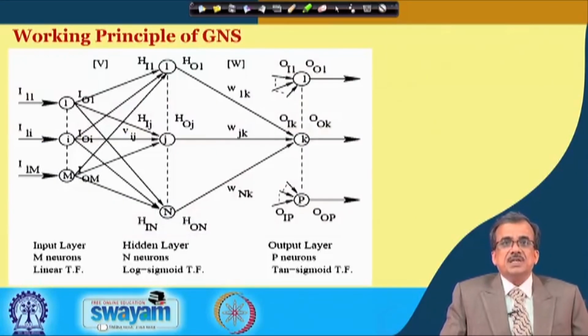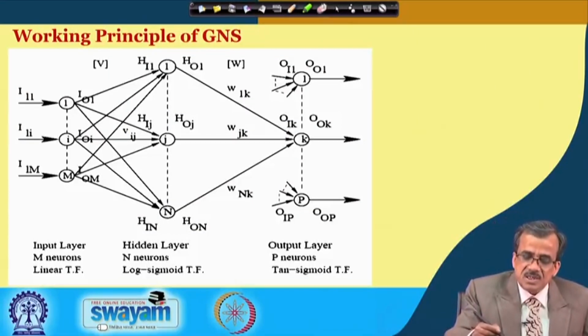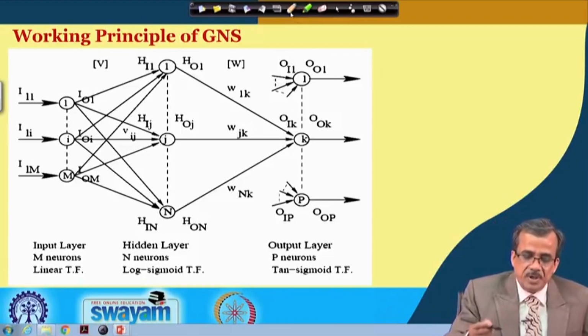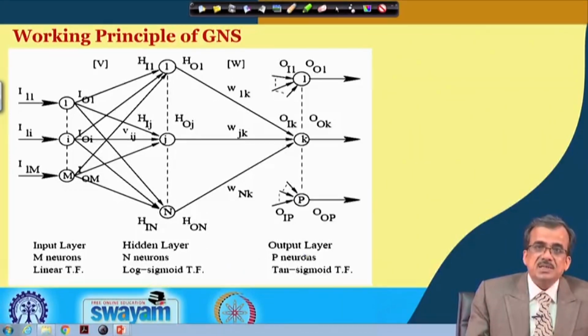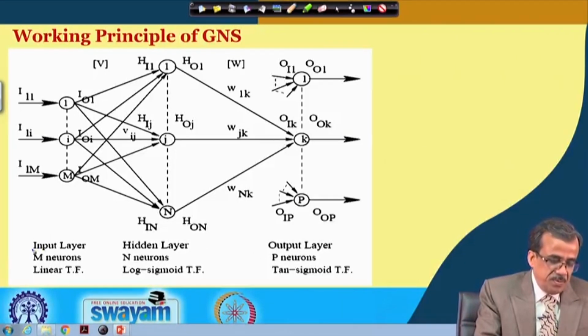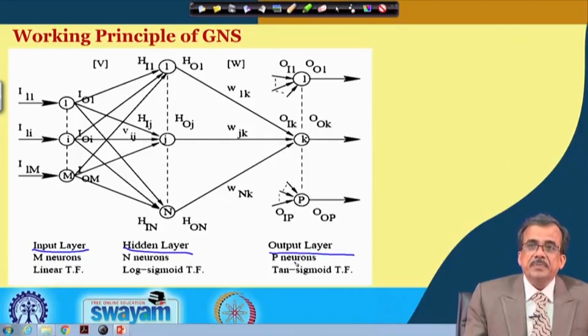Now, let us try to concentrate on this multi-layered feed forward network. As I discussed several times, this network has, say, 3 layers: the input layer, then a hidden layer and the output layer.